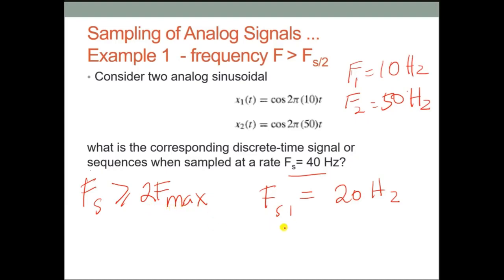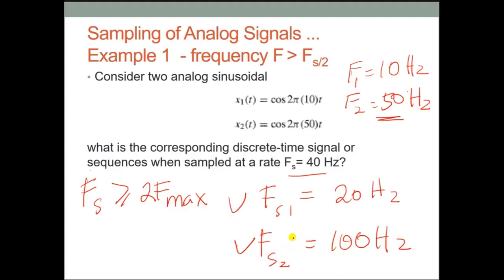Now for the sampling frequency of the second signal x2(t), it should be 2 times the frequency. So 2 times 50 is 100 Hertz. So this will be the correct sampling frequency.